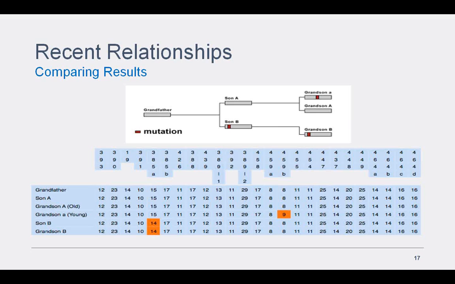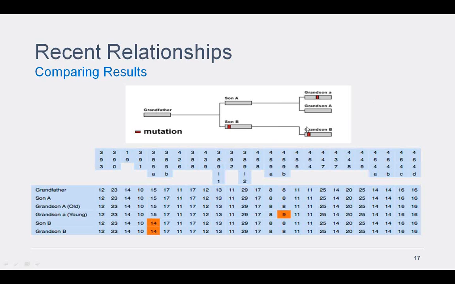The correct answer for that is 0. Because son B and grandson B, remember that same mutation got passed down from father to son. So when you compare son B and grandson B, there's no differences between them. So they have the exact same values. It doesn't matter that the other people had that 15. They both have a 14 here. So they have a 0 genetic distance between them.